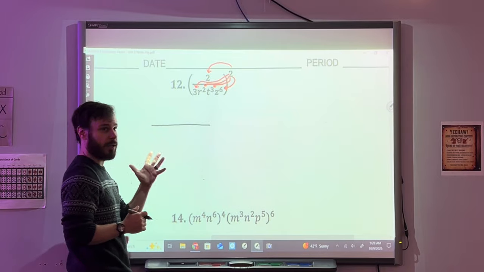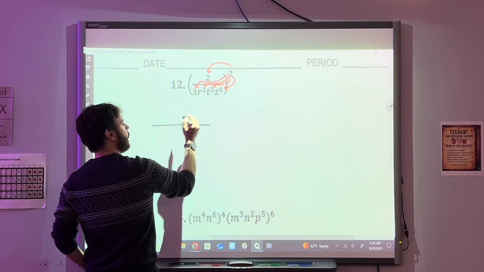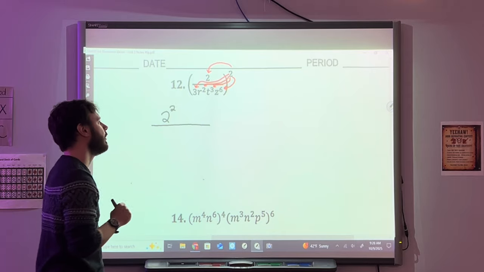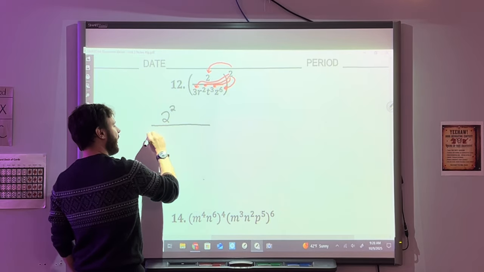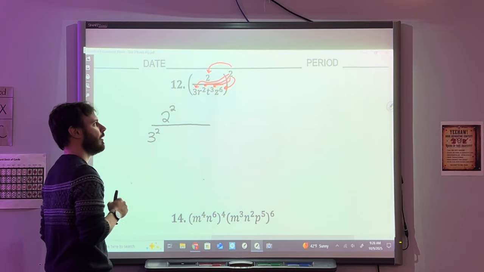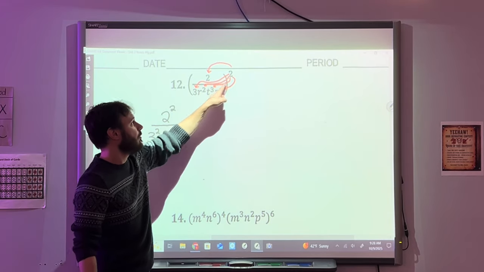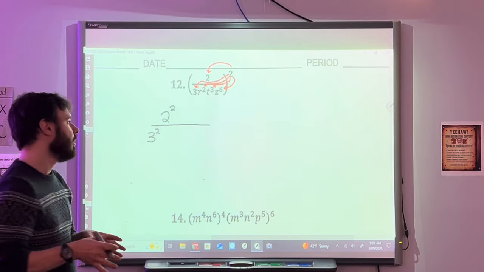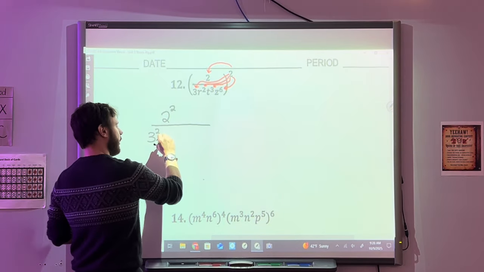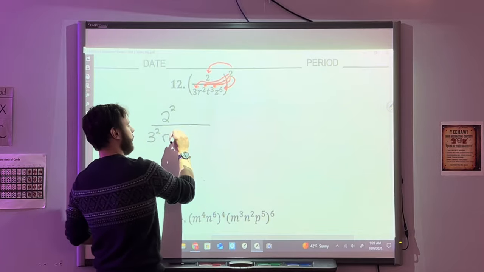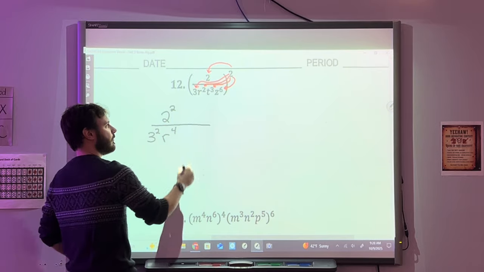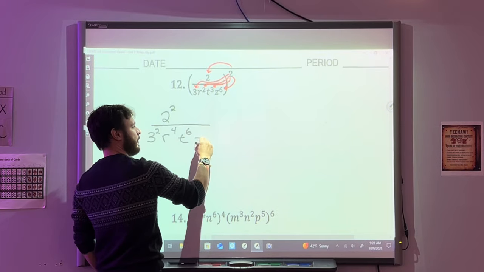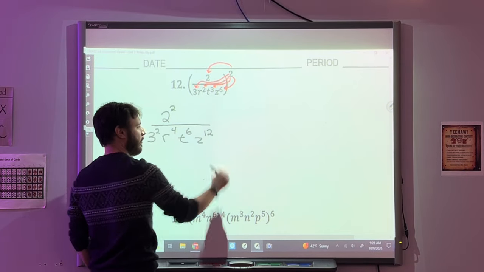Real numbers get raised. So this is going to be 2 squared in the numerator. This is going to be 3 squared in the denominator. And my exponents, when I'm raising exponents to other exponents, get multiplied. So it's going to be r to the 2 times 2, 4. t to the 3 times 2, 6. z to the 12.